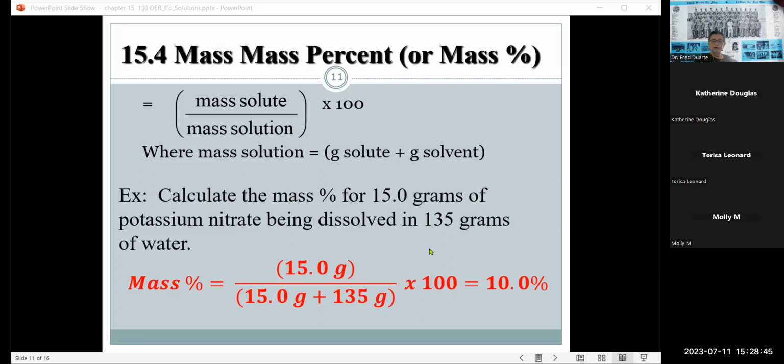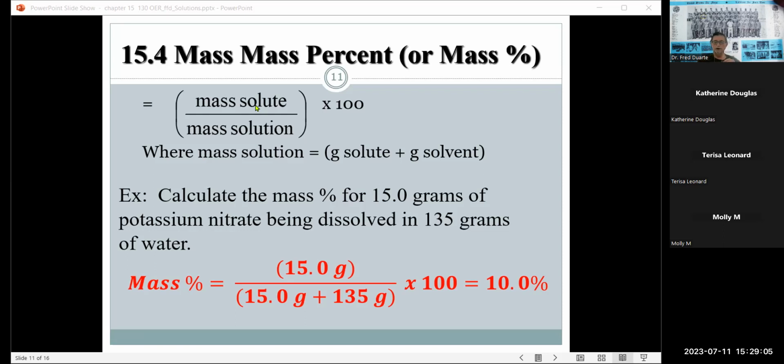Right now, how do we calculate the mass percent? Well, we take the mass of the solute and we divide it by the mass of the solution. Keep in mind, the solution is the total mass of the solvent and the solute, and not just the solvent.